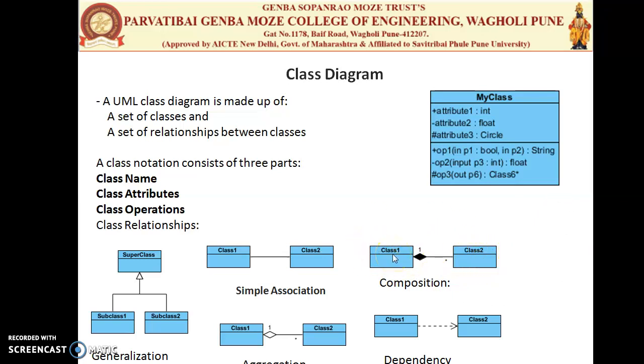So if object 1 is live, then object 2 is live. If object 1 is not live, the object of class 2 will not be live either; it will die with class 1. And it is represented by a line with a diamond pointing to class 1.